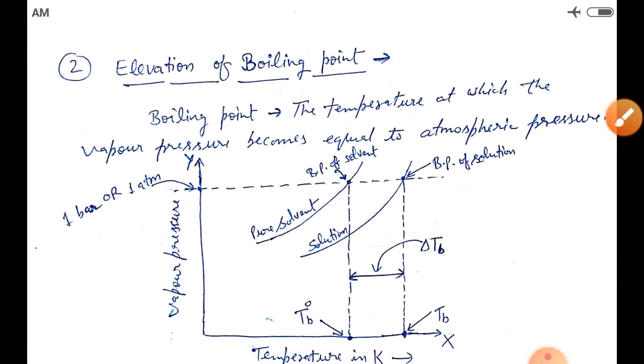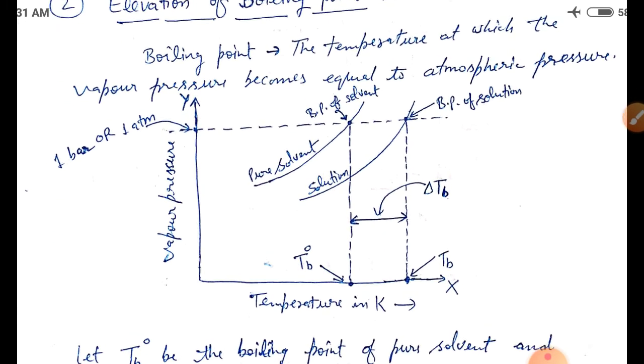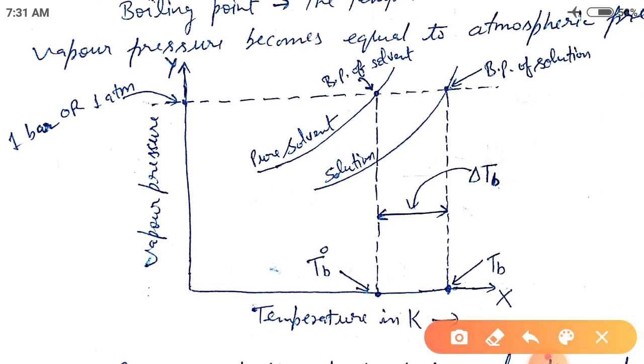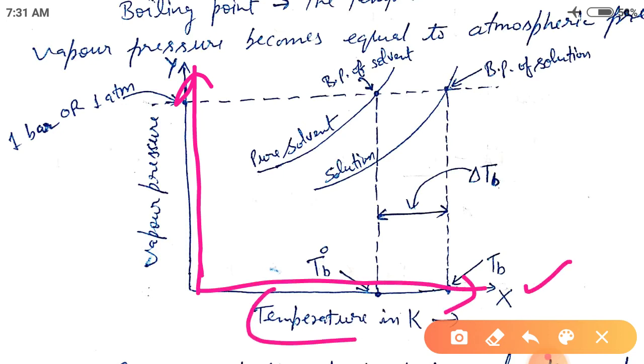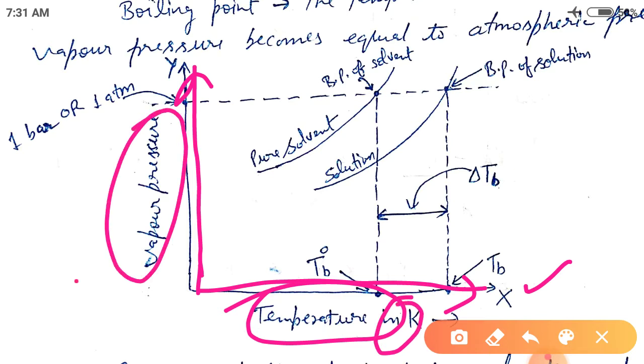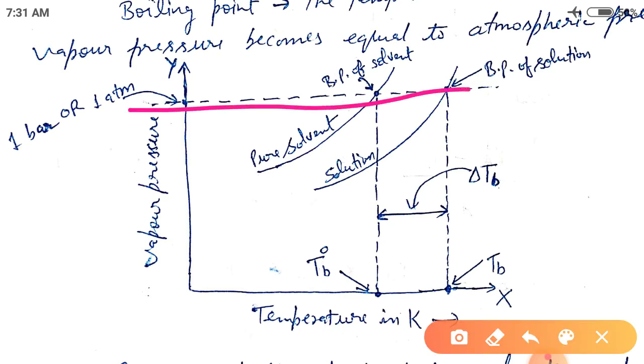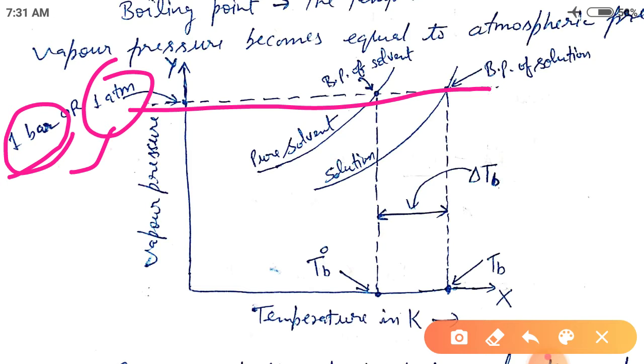Look at this graph. We take the y-axis and x-axis. On the x-axis, we take the temperature in Kelvin, and on the y-axis, we take the vapor pressure. And here is the 1 atmospheric pressure, or the 1 bar pressure.